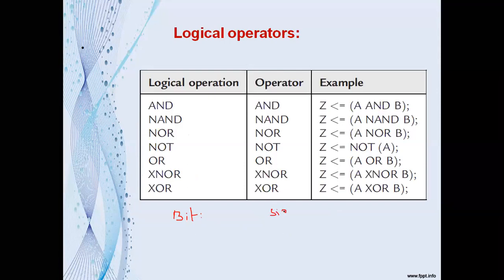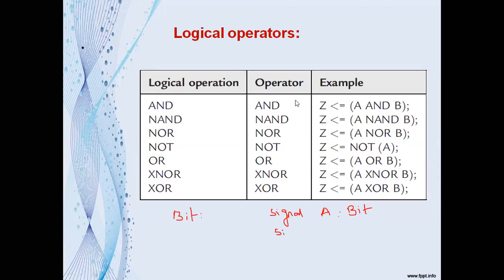So let's define a signal. Let A be a signal and it is of type bit. Bit means you will have only 2 values. What are the 2 values? 0 and 1.